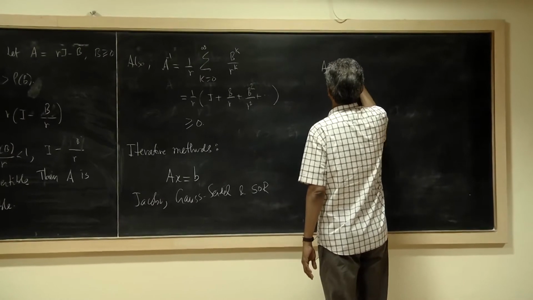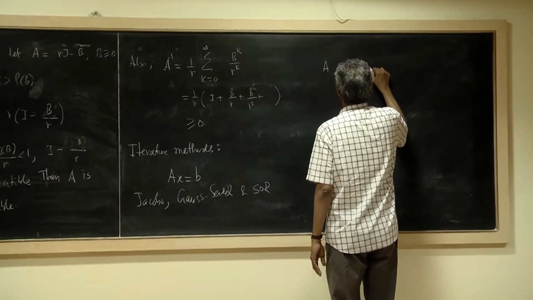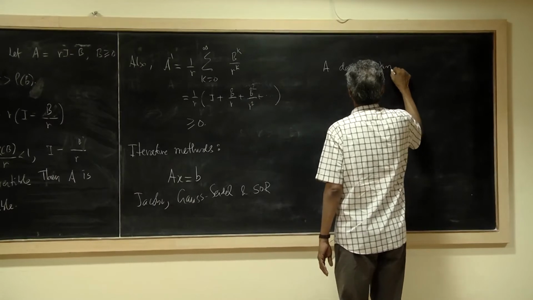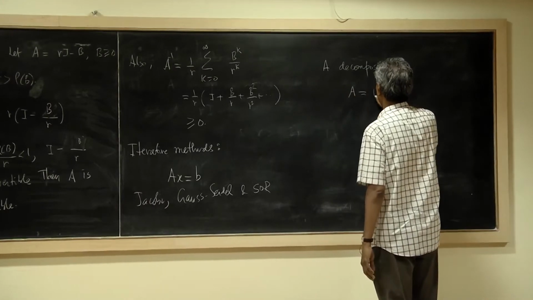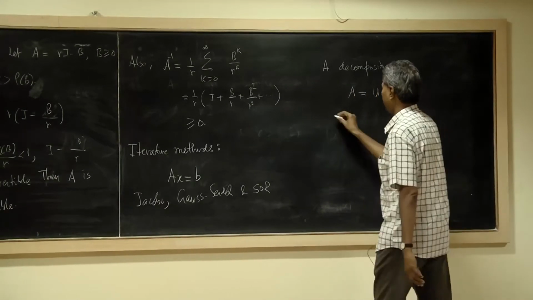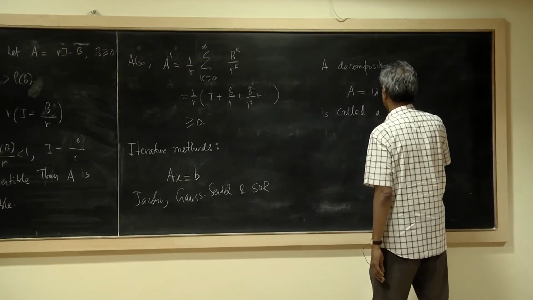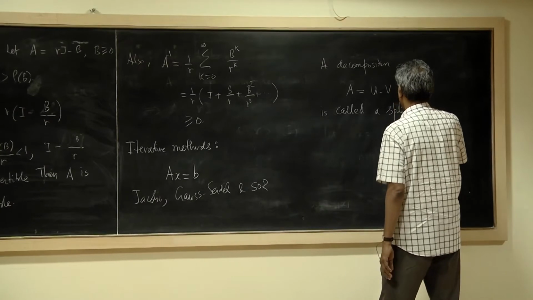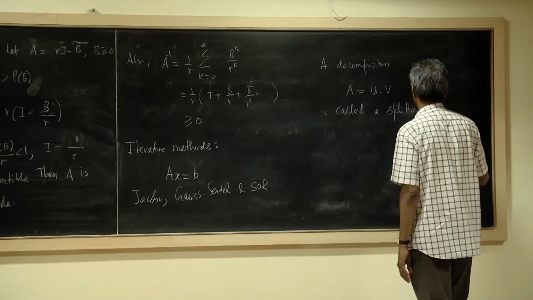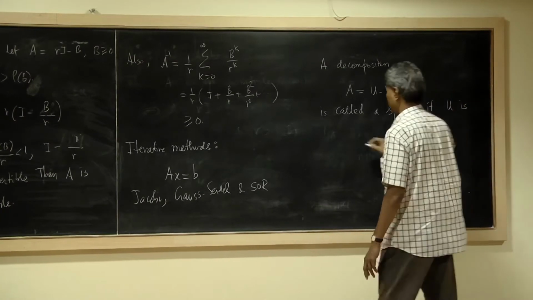A decomposition A equal to U minus V will be called a splitting if U is invertible.